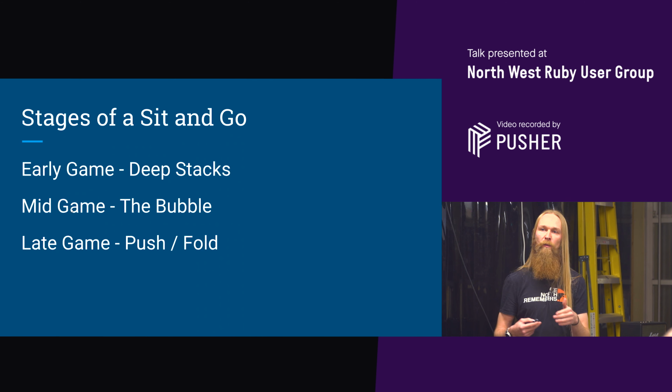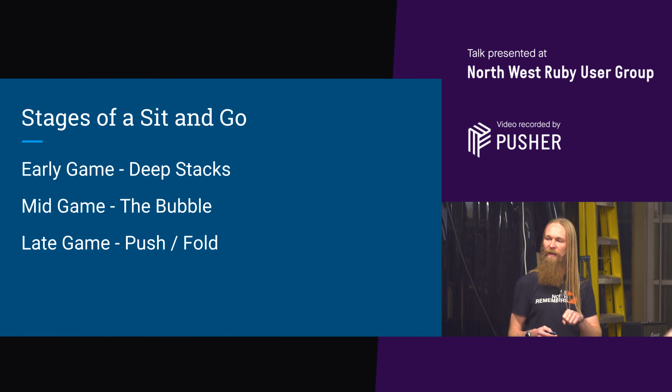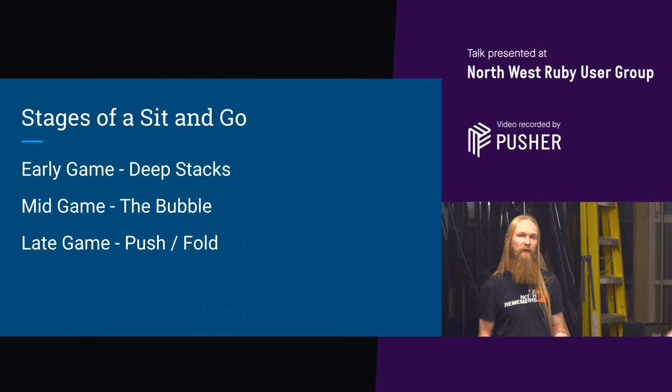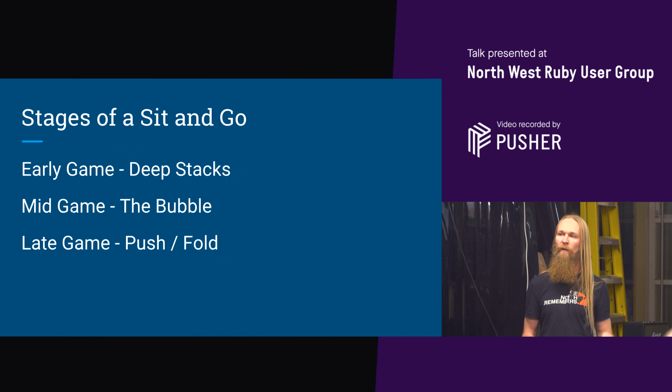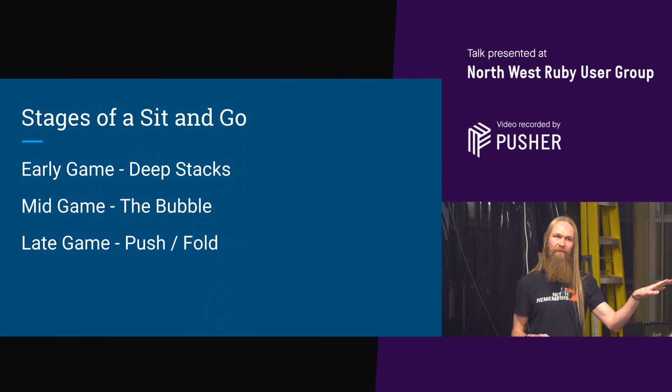Okay? So the risk reward is high. So you can afford to play that 7-6 suited. And if it misses the flop completely, you throw it away, it's fine, because the small risk is worth it. But if you do that in the later stages, because you're not going to make these hands so often, that's not a winning strategy. In the later game, it's pretty much all in or fold.